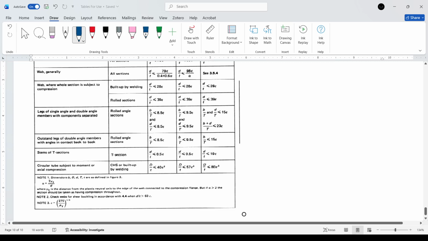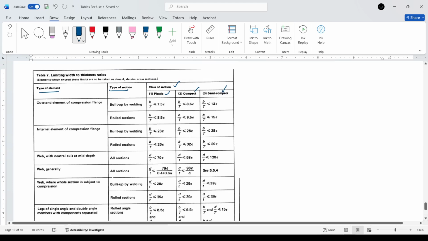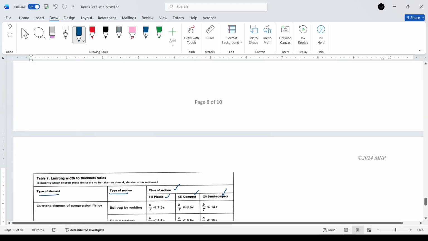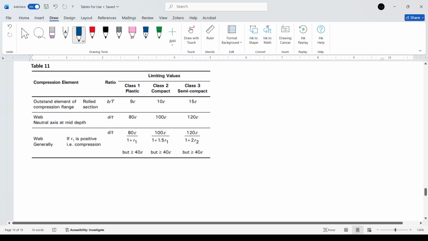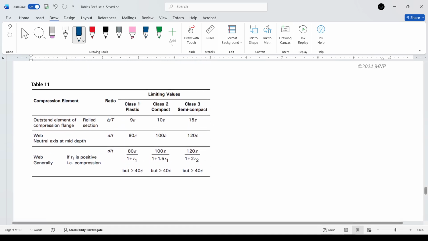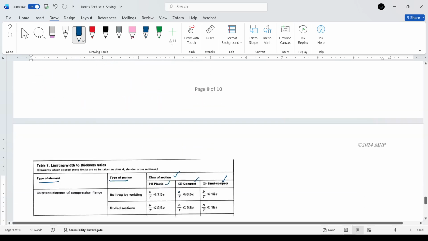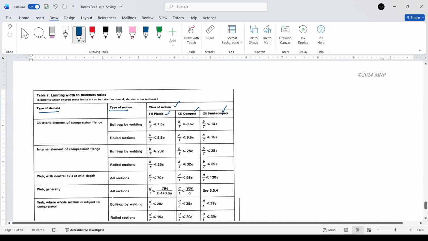We have one for 1993, 1999, and then one for 2000. Well, they imply the same thing, but the factors are different. You can see this one is for a rolled section, B over T is 9E, 10E, and 15E. But for our case here, B over T for rolled section is 8.5. So that one has been rounded off. This one is not rounded off.